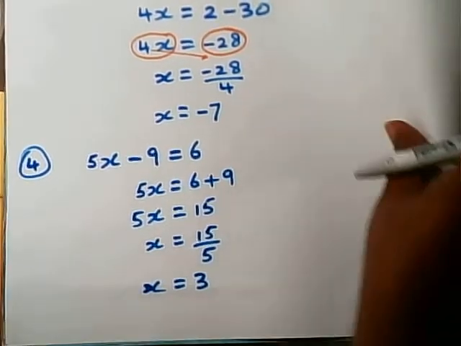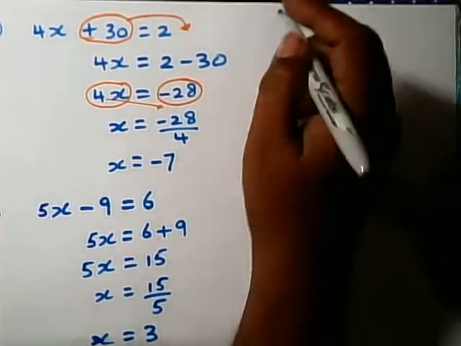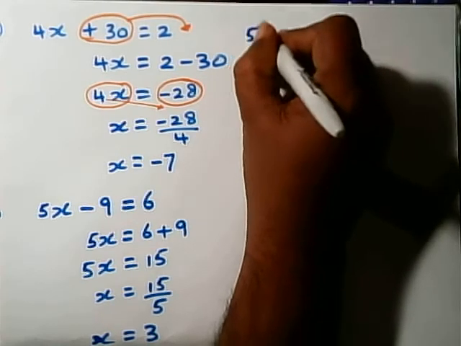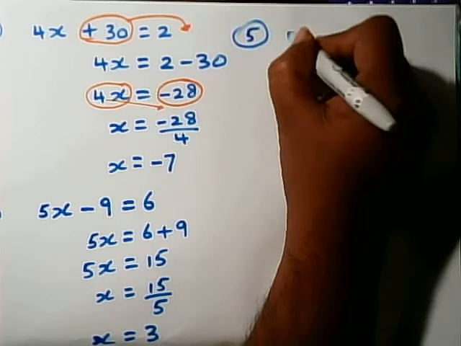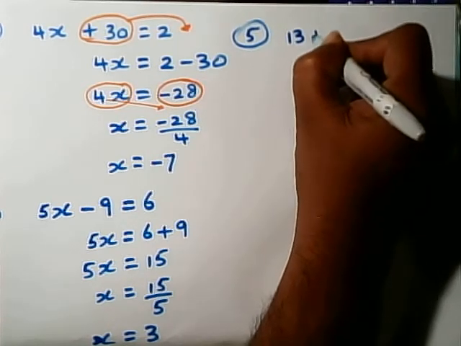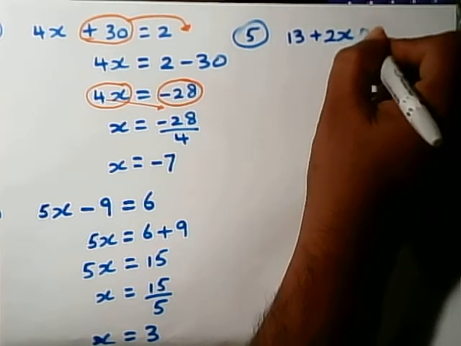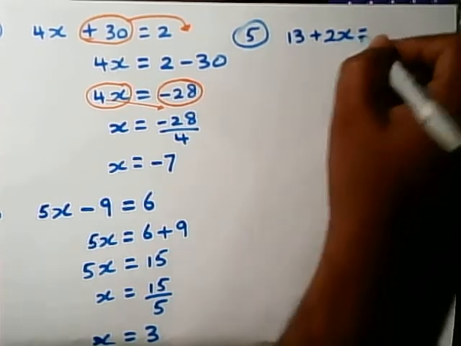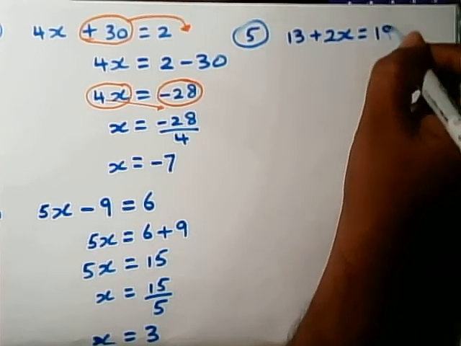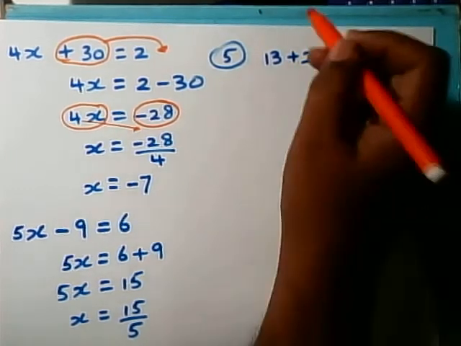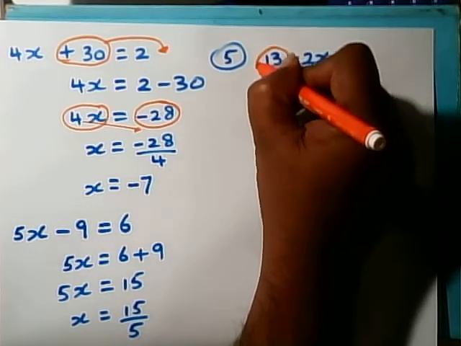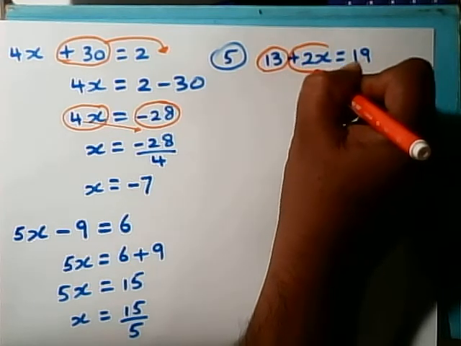Let's move on to question 5. Question 5 was 13 plus 2x is equal to 19. If I were to circle my terms, I would decide that I need to get x alone.